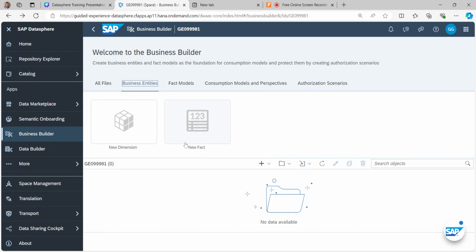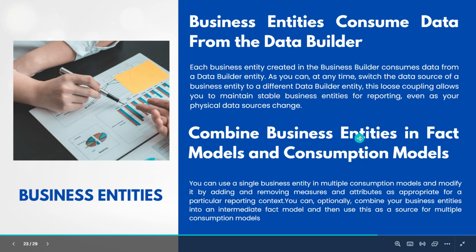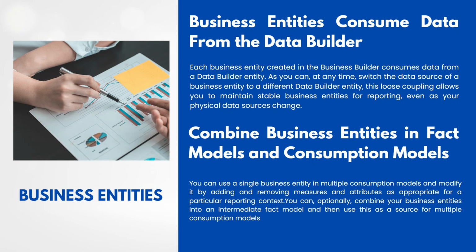Business entities consume data from the data builder. Each business entity created in the Business Builder consumes data from a data builder entity. Here, the important concept of loose coupling also comes in. If you want to change the data source of the business entity to a different data builder entity, you can do so without impacting the business entities.